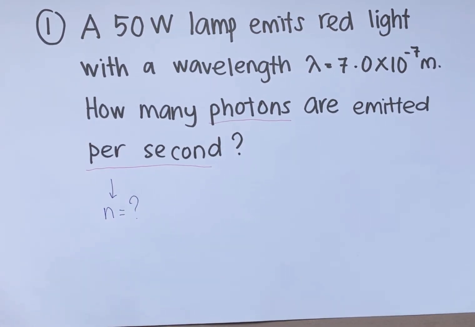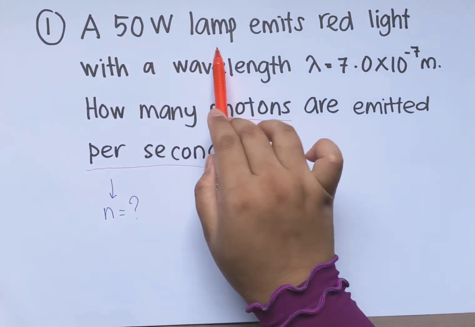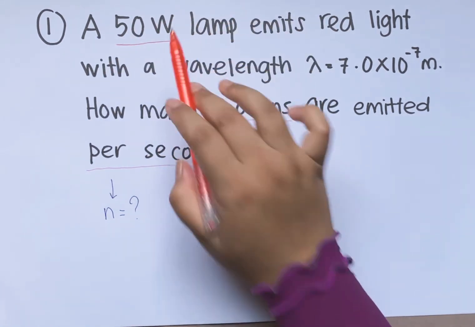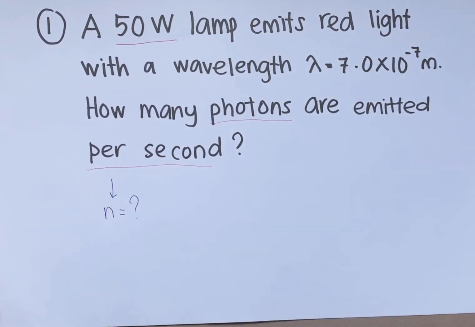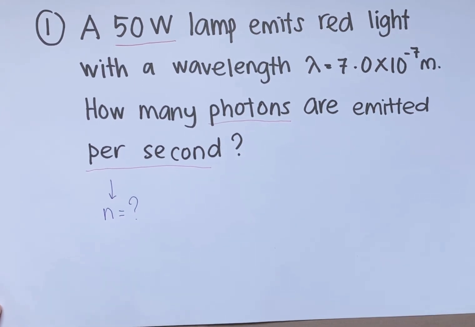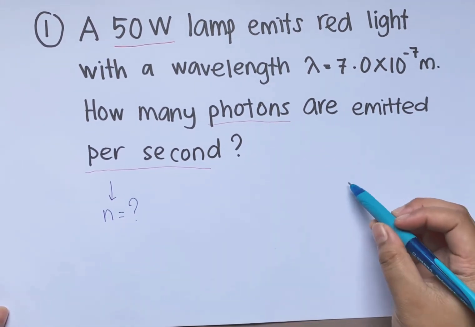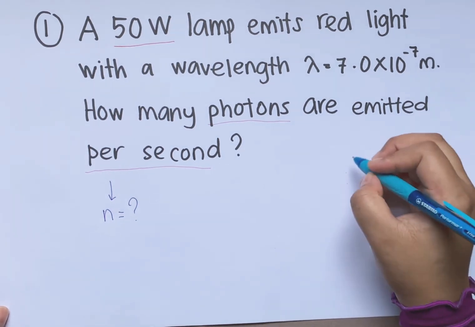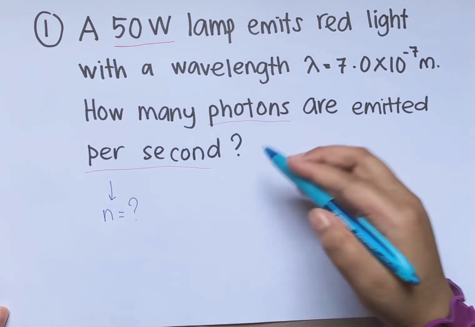The second thing we have to know is the important information they have given to us in the question. Let's go through it again together. A 50-watt lamp. The 50 watt is the power. So we can list it here as the thing given from the question.